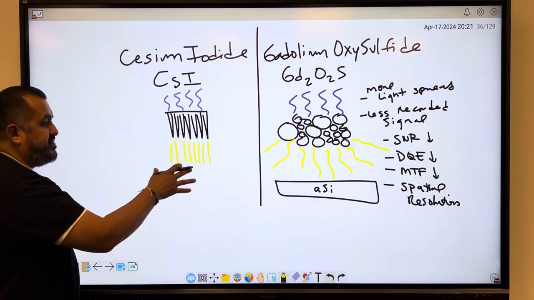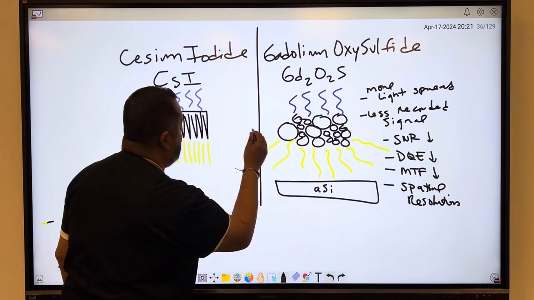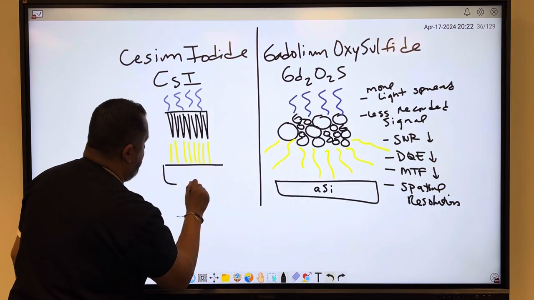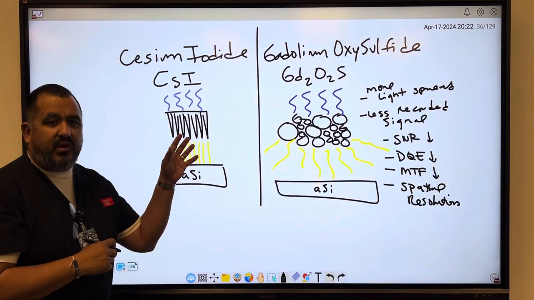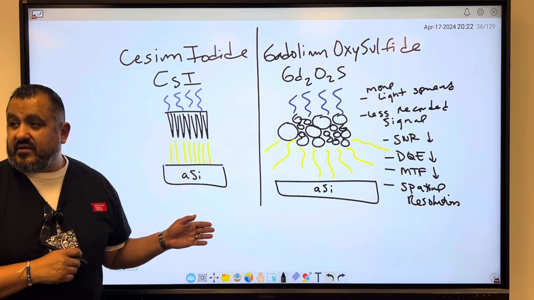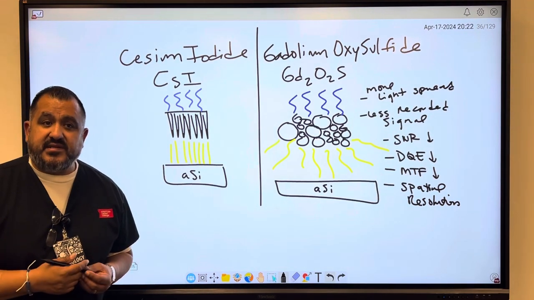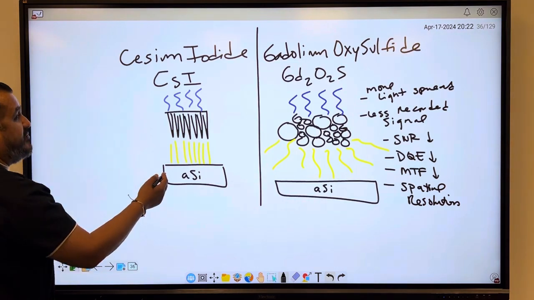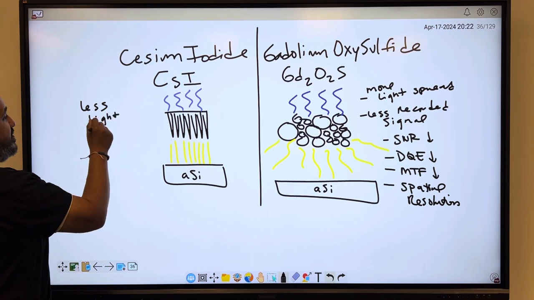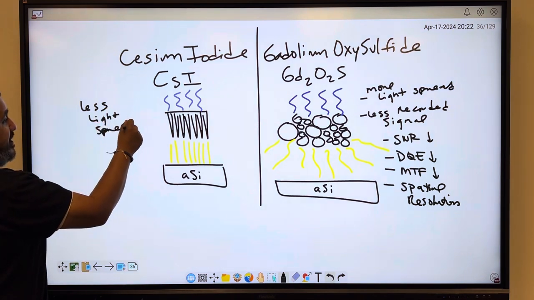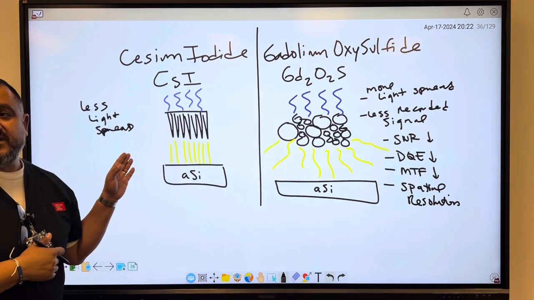Because it comes downward, it's going to hit the amorphous silicon, and now you're going to have more light signal going to the TFT, or the CCD, or whatever you're using as a detector. So with cesium iodide, you're going to have less light spread. This is what they're talking about in terms of light spread, and how these different materials either increase or decrease it.